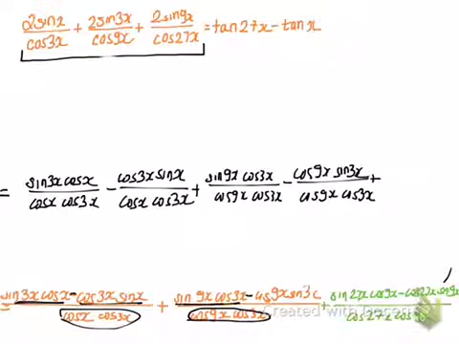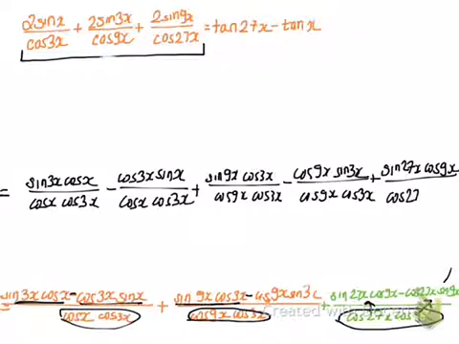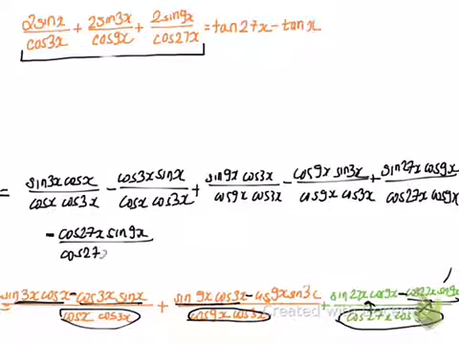Now once again I'm going to distribute this denominator for the third expression for these two terms in the numerator, so I can write sine 27x dot cos 9x divided by the denominator cos 27x dot cos 9x. We have the negative sign here, so minus, and then cos 27x dot sine 9x divided by cos 27x dot cos 9x.